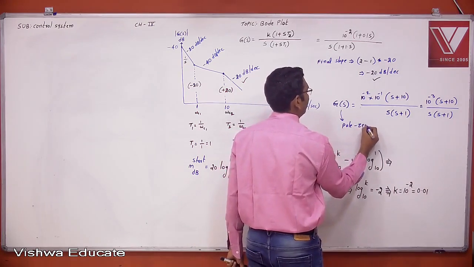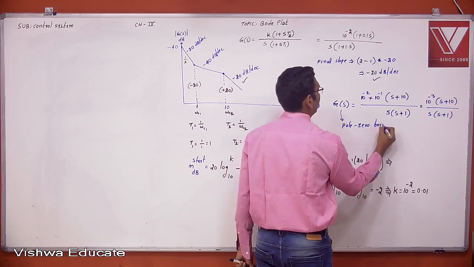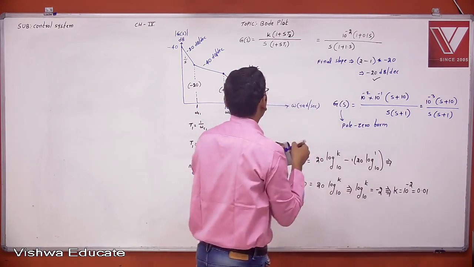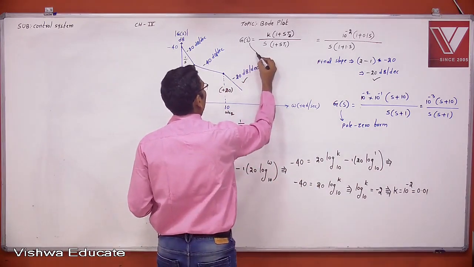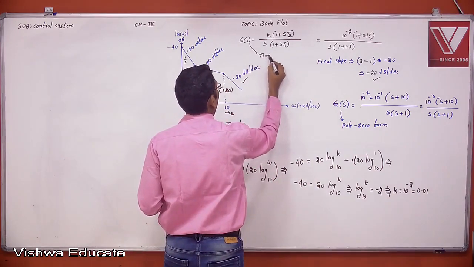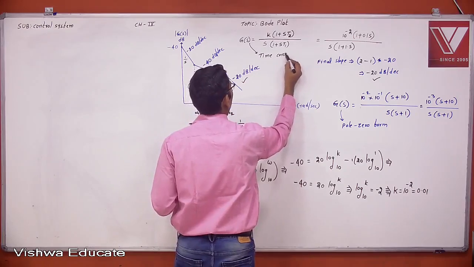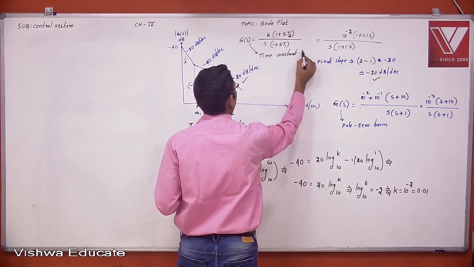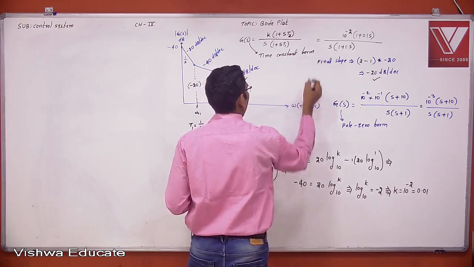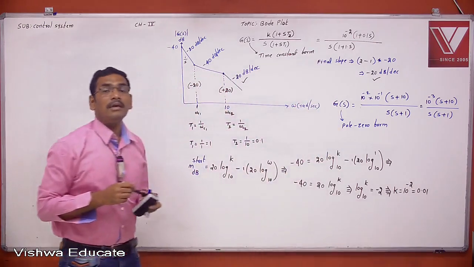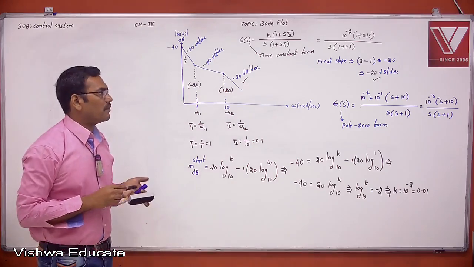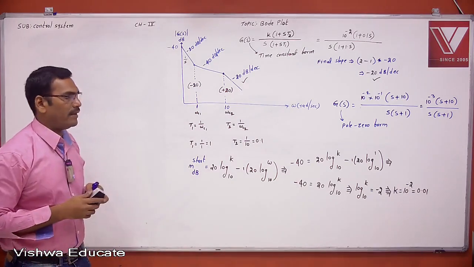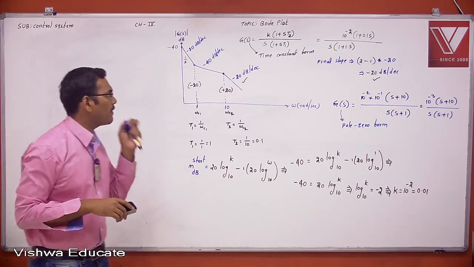This is the transfer function in pole-zero form, and this is the transfer function in time constant form. Okay, now take down these two examples of the small change, where the changes will be taking place.